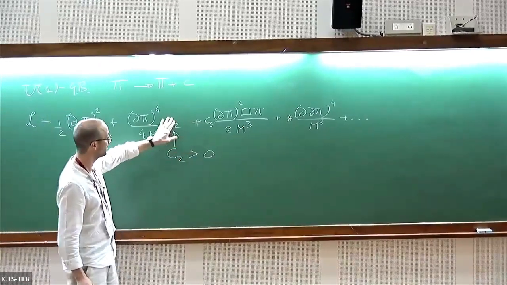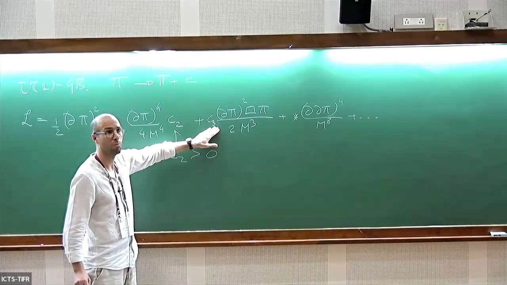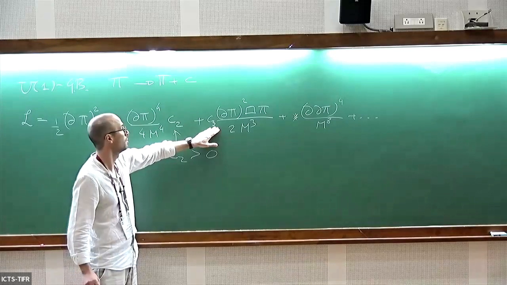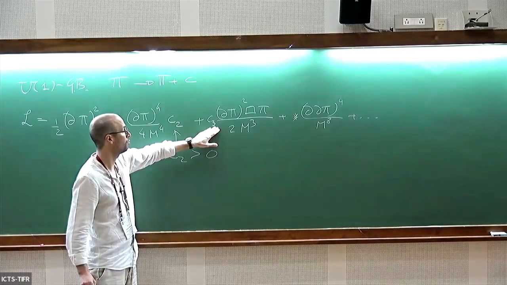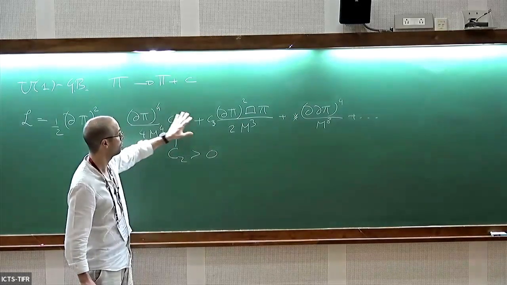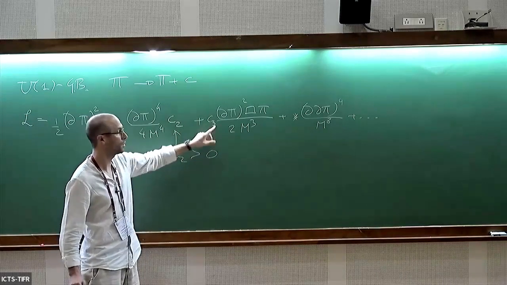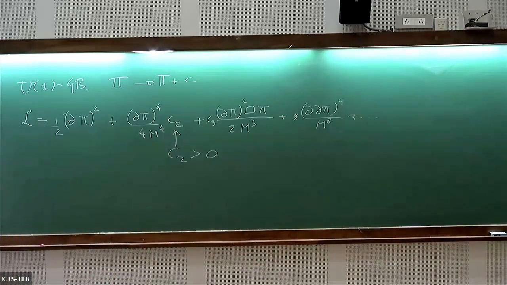Moreover, I want to show you that when C2 is much smaller than C3, which you perhaps want to fine tune or use symmetries to claim, that situation is going to be inconsistent. So not only must C2 be positive, it must be larger than C3. And that's where we are going.